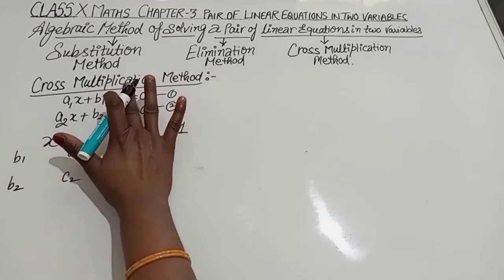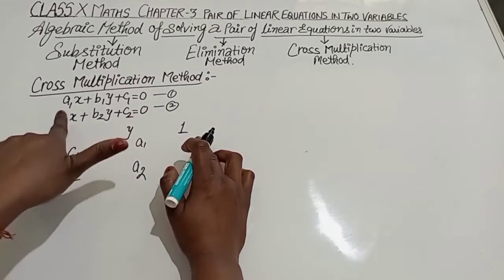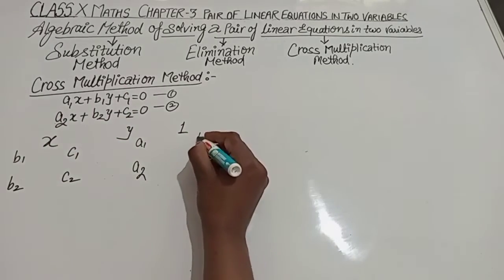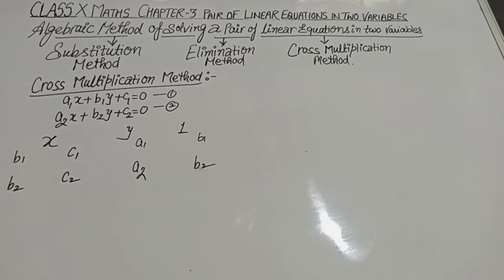This one is the constant part, so when we cover the constant part, a1 a2 is given, and here is b1 b2. The coefficient of x is a1 a2, so a1 a2 is not here, it is b1 b2 c1 c2.